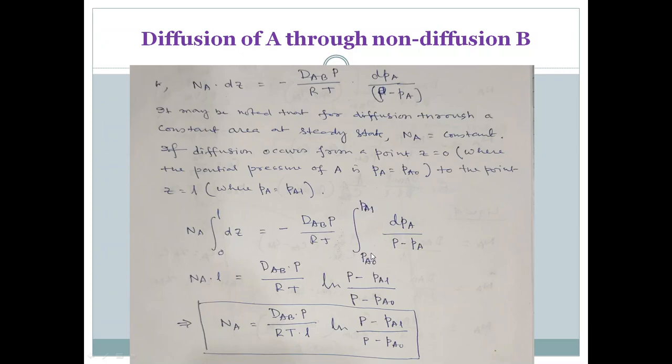It may be noted that PA0 will be higher than PAL, then only A will flow from point 0 to point L. This equals NA into L; there is one minus and another minus, so it will be positive. So my equation becomes flux equal to DAB P by RT into 1 by L, ln of (P minus PAL) by (P minus PA0).